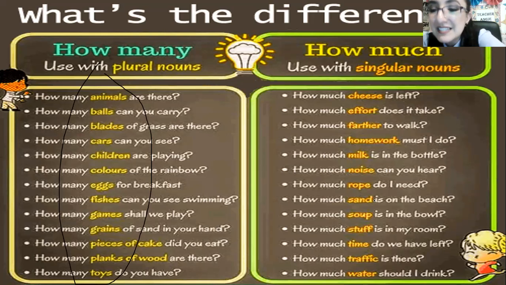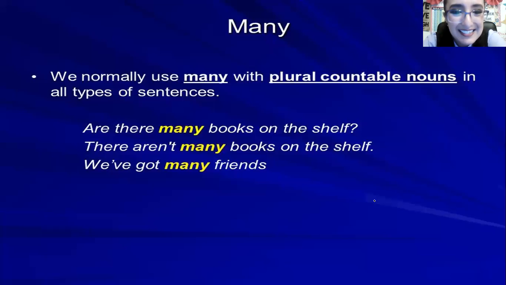On the beach, in the bowl, do we have left? The complement that you want to use is okay. One of the most important things is that you cannot have confusions between many and much, with plurals and singulars, or with countables and uncountables. Remember which ones are the uncountables. Excellent. We normally use many with plural countable nouns in all types of sentences: affirmative, negative, interrogative.